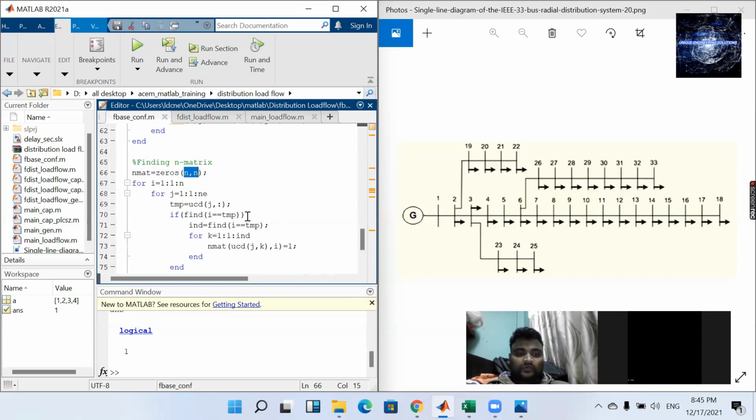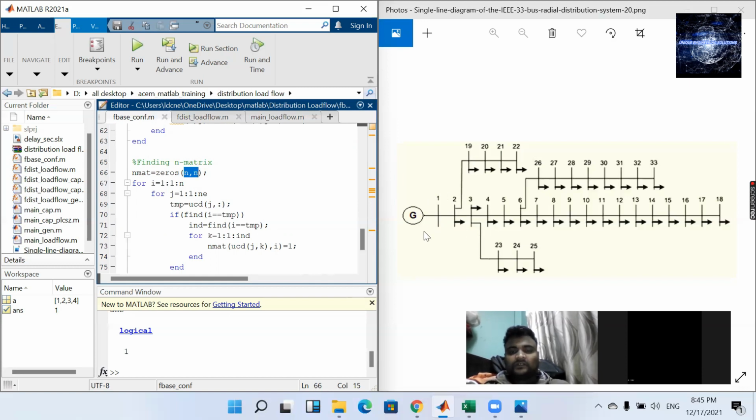Here, two things are important. One, it will give the information about, let's suppose bus number 1, which bus feeds the power to bus number 1.